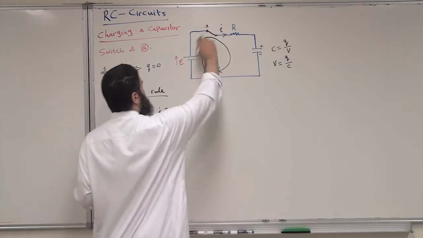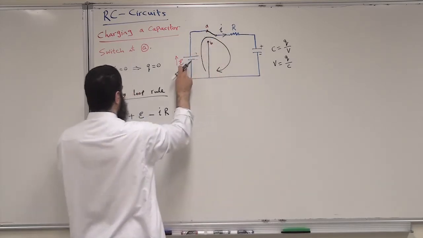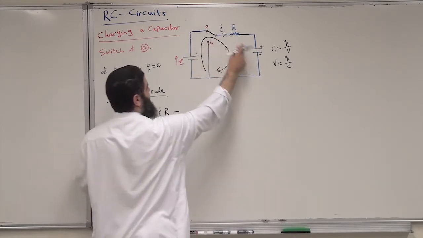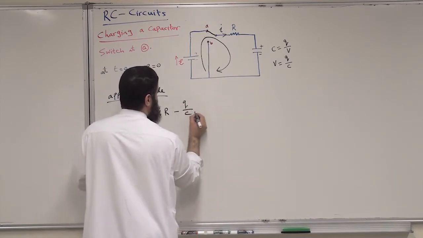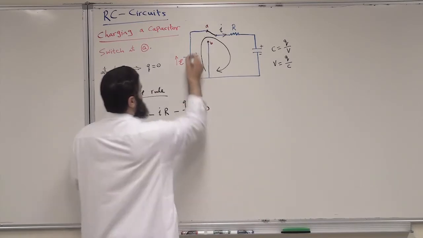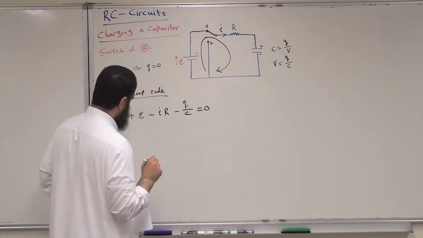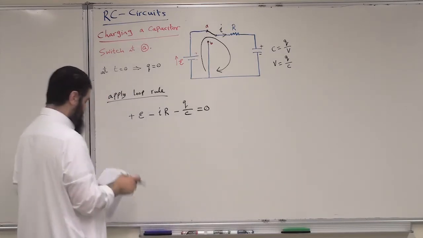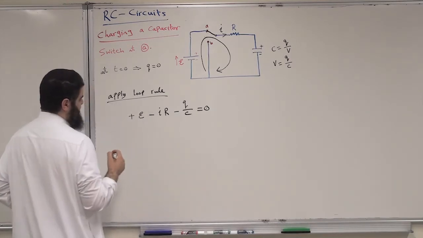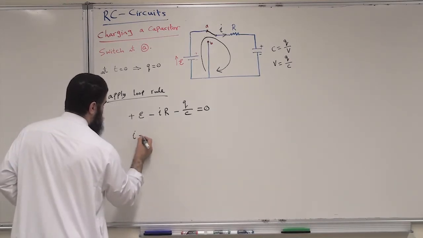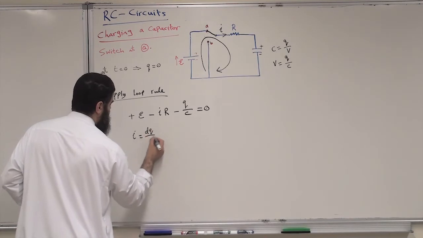So right now, this is my loop. I have a potential increase, a potential drop, and here a potential drop, so this is minus Q over C. Then we reach the original point, so this is equal to 0. But what is I? We know from previous videos that I is dQ by dt.